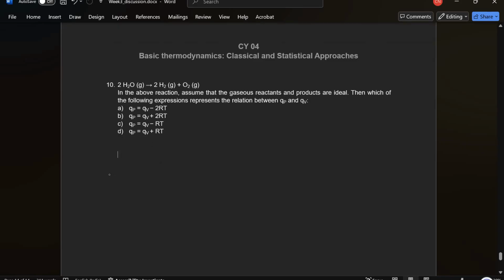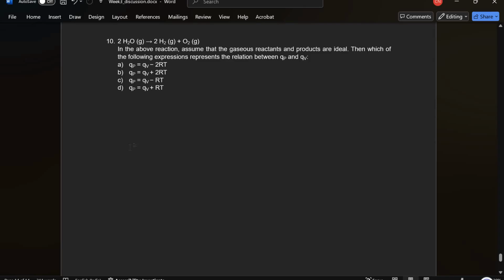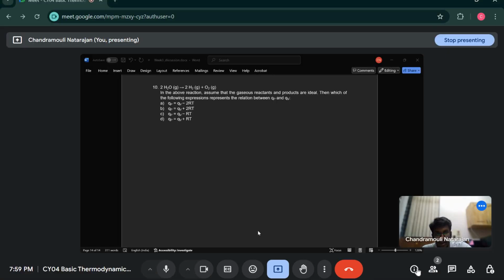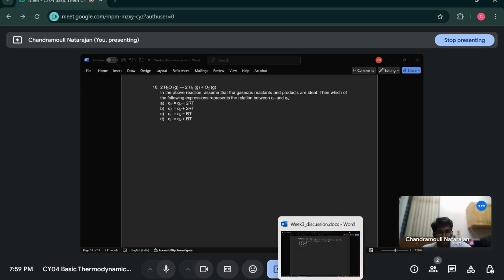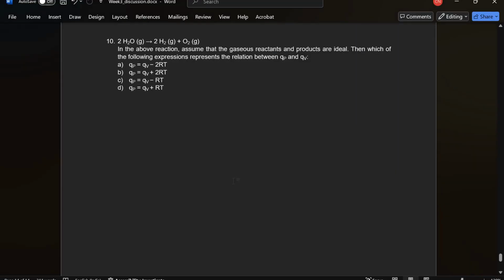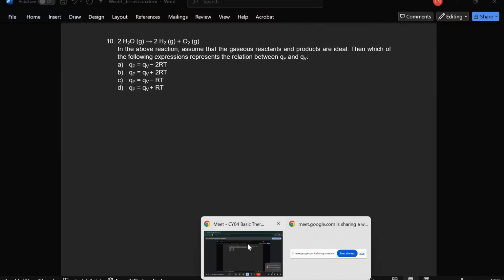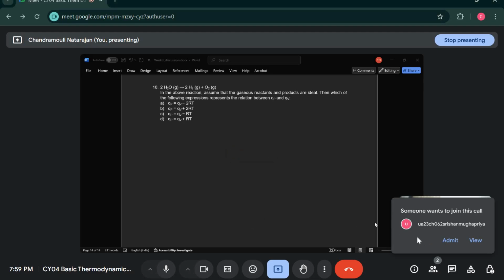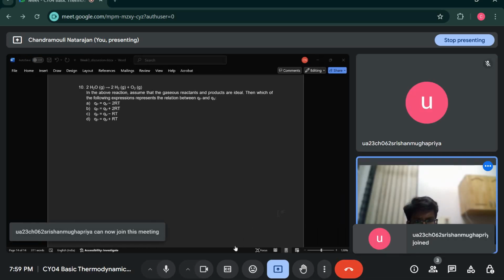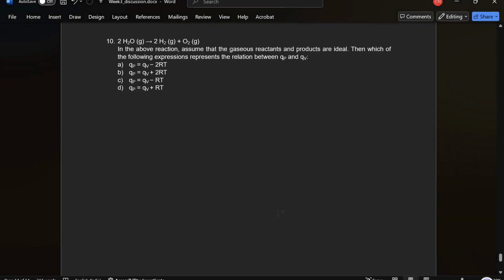All right. So now coming to the last question. This question has more to do with thermochemistry, which will be covered next week, in week 4. But there was one question that was asked in the assignment problem.